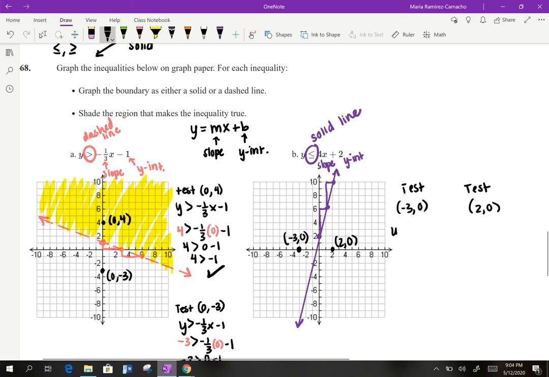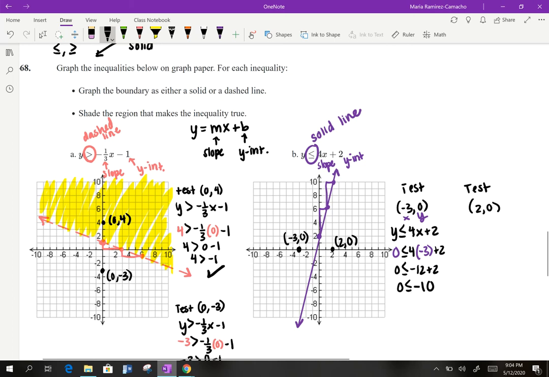So here's that original inequality. Plug in negative 3 for x and 0 for y. So 0 is less than or equal to 4 times negative 3 plus 2. 4 times negative 3 is negative 12, and negative 12 plus 2 is negative 10.